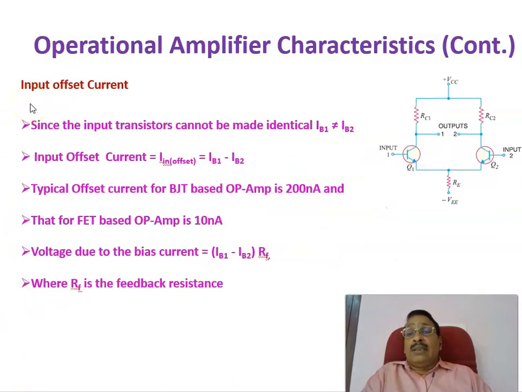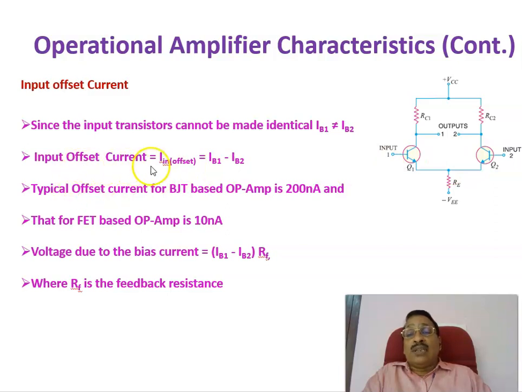The next parameter is the input offset current. Coming back to the circuit diagram at the input side of an operational amplifier, there are two transistors Q1 and Q2. Since the transistors cannot be made identical, IB1 cannot be equal to IB2.